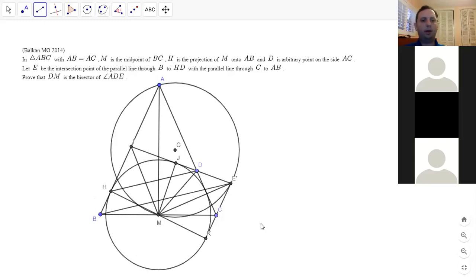Oh, you know what? Okay, so I think in this configuration I can show that angle IME prime is a right angle. I think I'm pretty close here. So I know IME prime is a right angle.